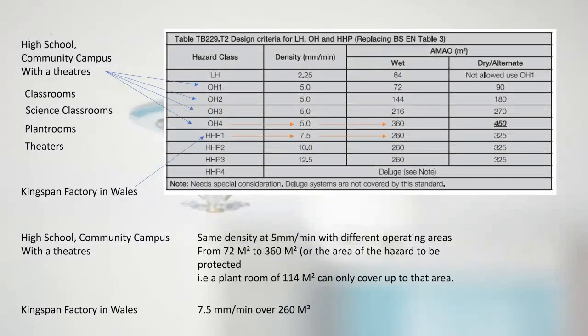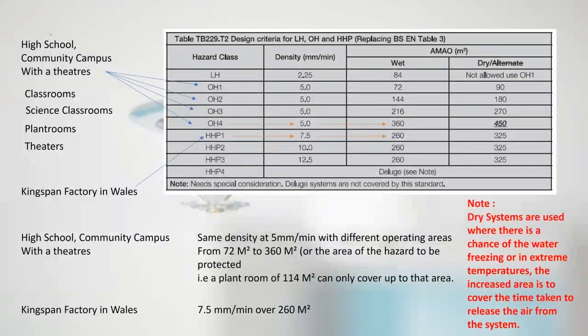And then for high hazard process 2, it's 10 over 260 and 12.5 over 325. And then, like I said, high hazard process 4 is a deluge system, so that's every single head going off. That's like manufacturing of packaging. It's also fireworks factories, that kind of thing. High risk.